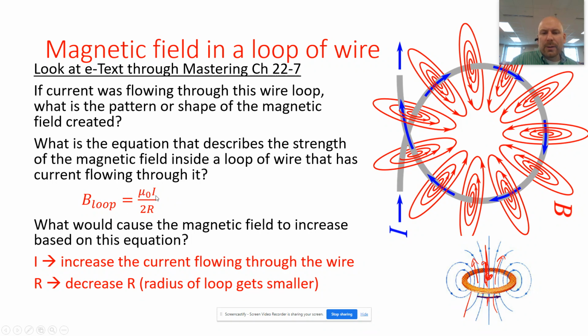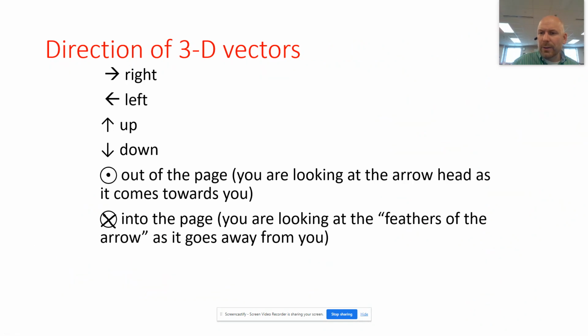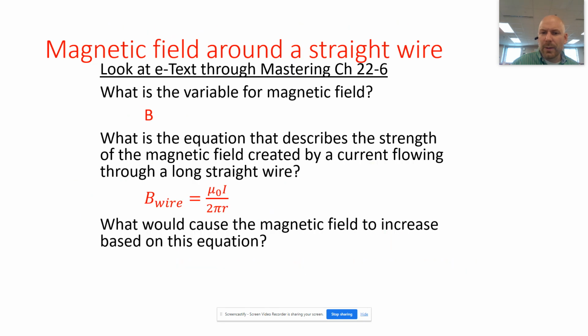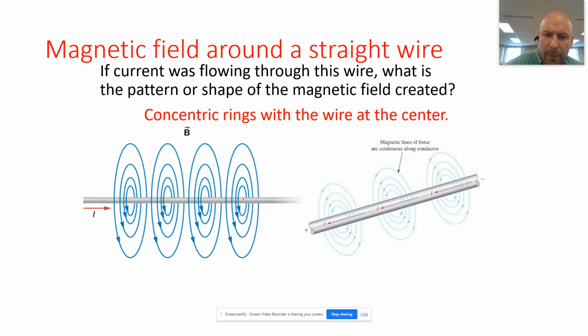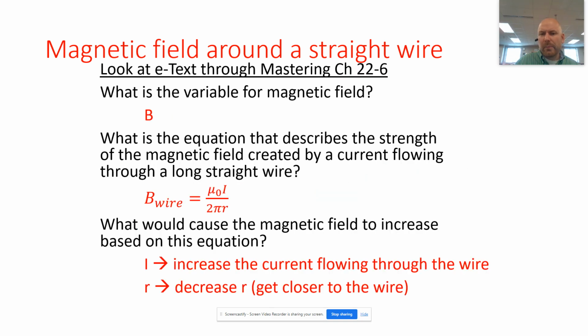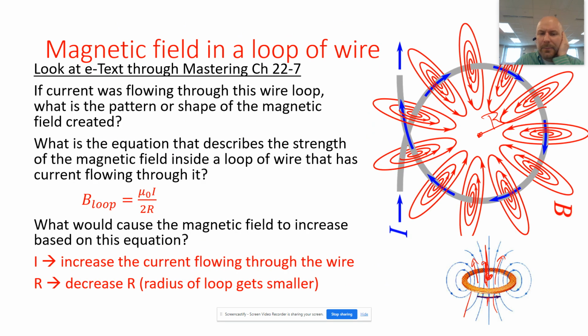You get this constant times current over 2 times the radius, being the radius of the loop itself. So this would be capital R, versus in the previous equation, lowercase r would be how far you are away from the wire.